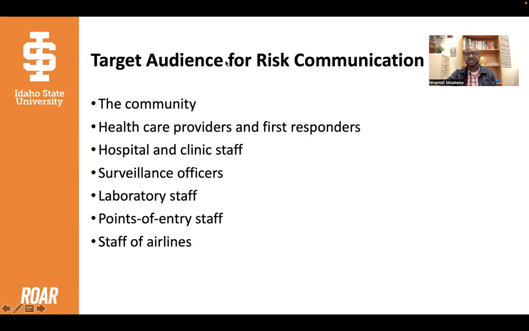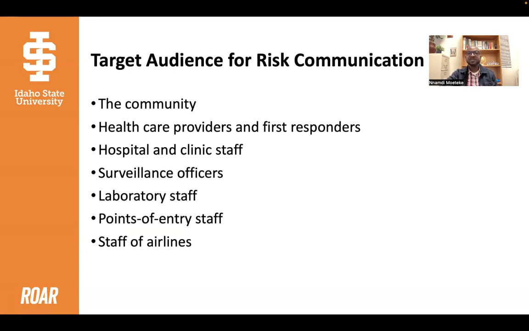What's the target audience for risk communication? Target audience includes the community as a whole, including all people at risk of acquiring the disease or in need of health services and within the context of the outbreak.